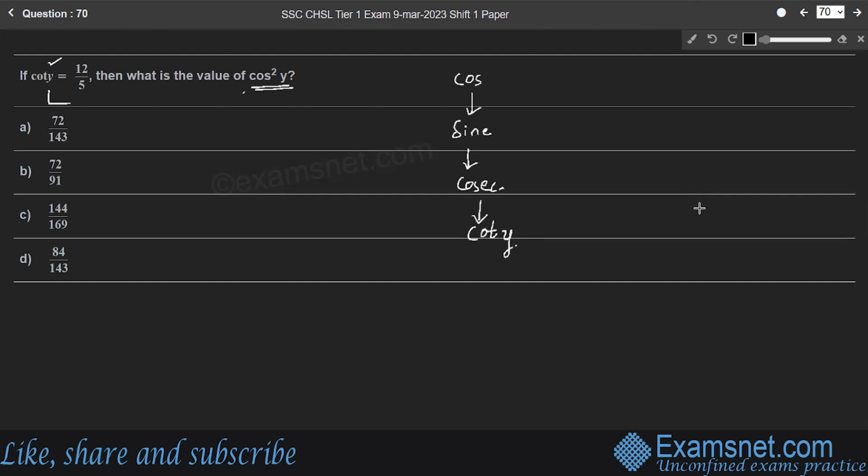So take the reverse order: cot and cosec, then cosec and sine. Then express cos in terms of sine, and easily we can find the value of cos square y. For that we need some identities.